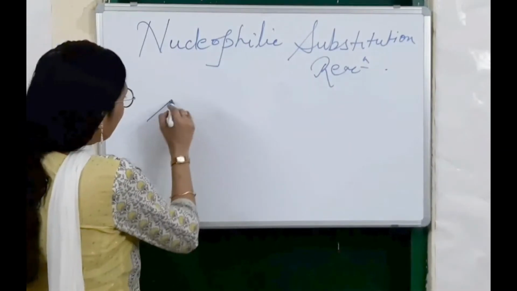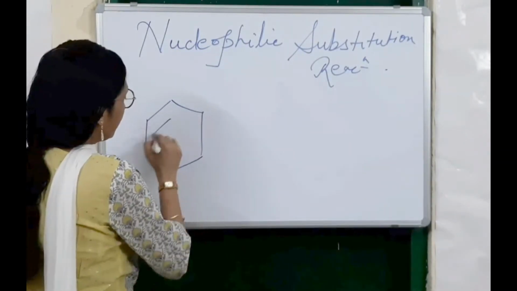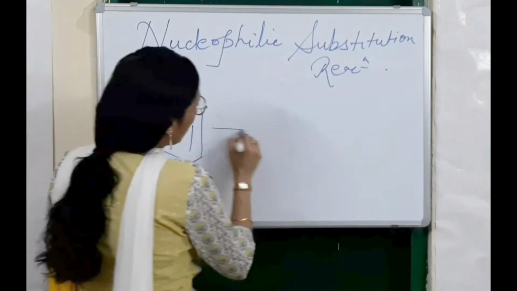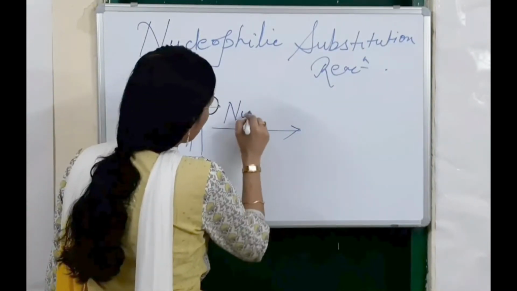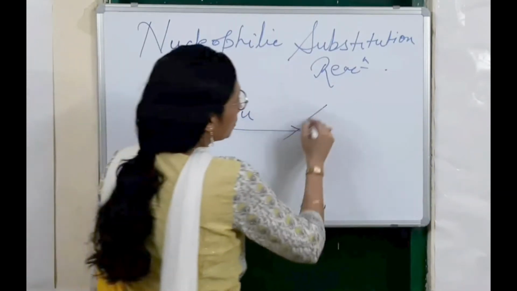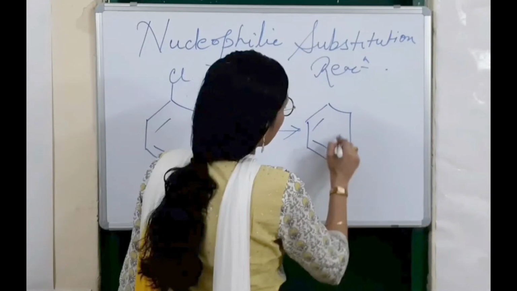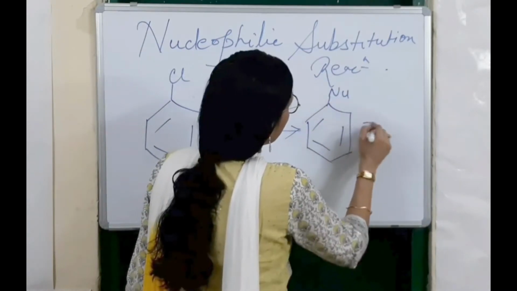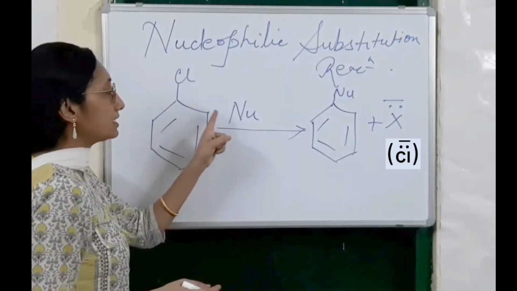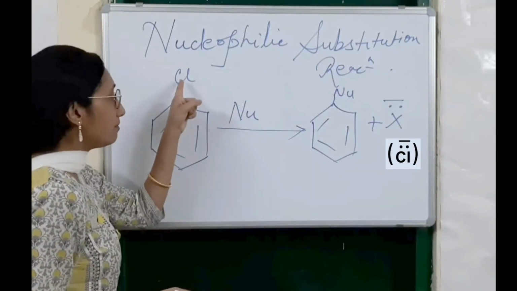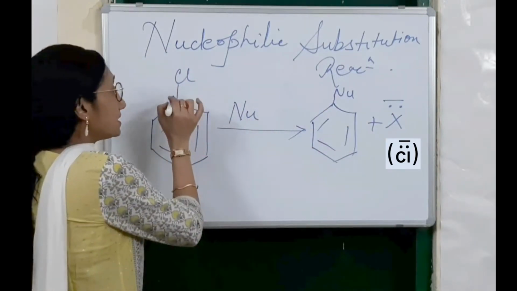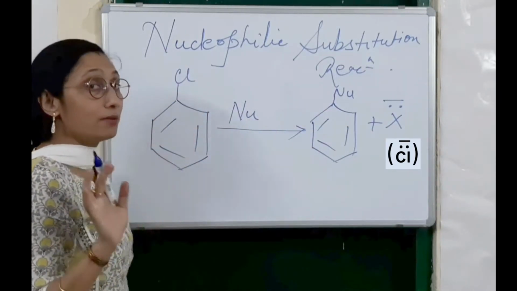Now for aryl halides, let us take the example of chlorobenzene. Now when chlorobenzene will be substituted by a nucleophile, let the nucleophile be Nu. So for nucleophilic substitution, this Cl minus should be replaced by Nu. For that, the C-Cl bond should be broken.